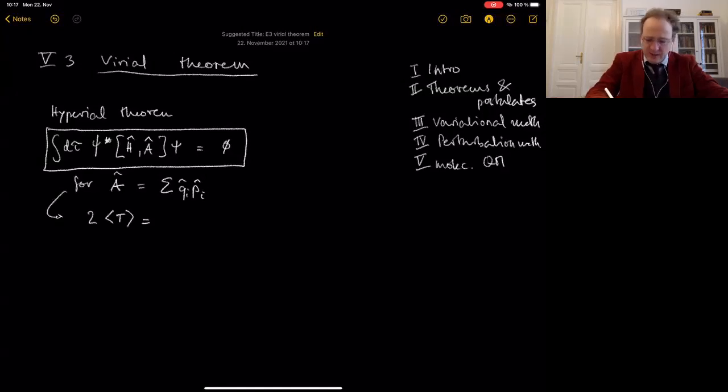Where 2 times the kinetic energy is the expectation value of the sum over your q_i times the derivatives of your potential with respect to q_i.